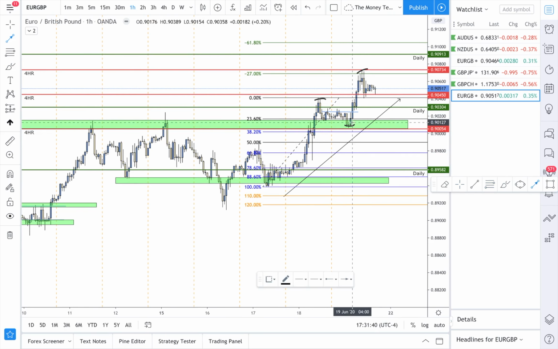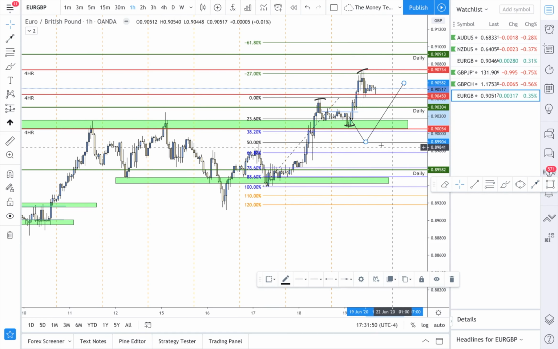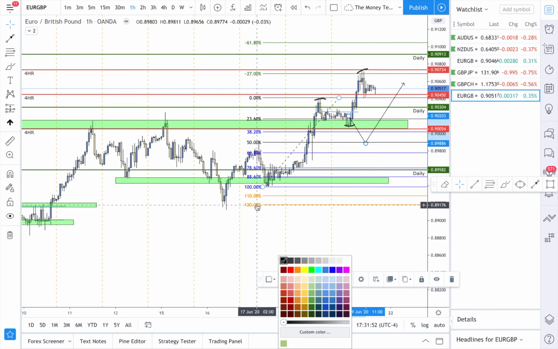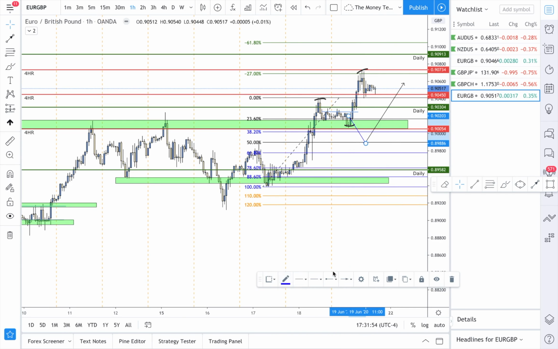Price could have literally come all the way down. It could have come to the 50%. Price could have come down to the 50% level and continued up. Let me put these in a different color so you can see them clearly. Put them in blue. Price could have done something like that.